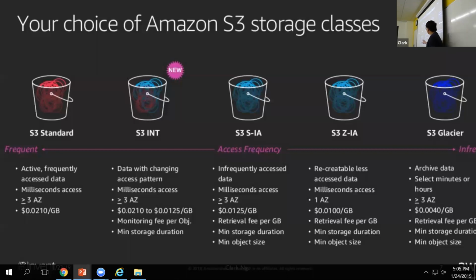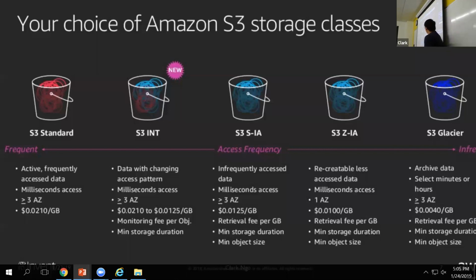Okay, so to continue, this one is Infrequent Access. If you have files that are all accessed infrequently, examples would be backups and disaster recovery, put them here. You don't need to access them every day. That's the point.